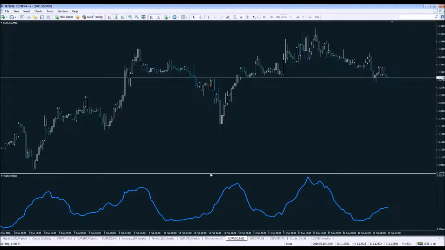The second method is the current high less the previous close, as an absolute value, of the instrument that you're trading, in this case the euro versus the dollar. And the third is the current low less the previous close, which is also an absolute value.